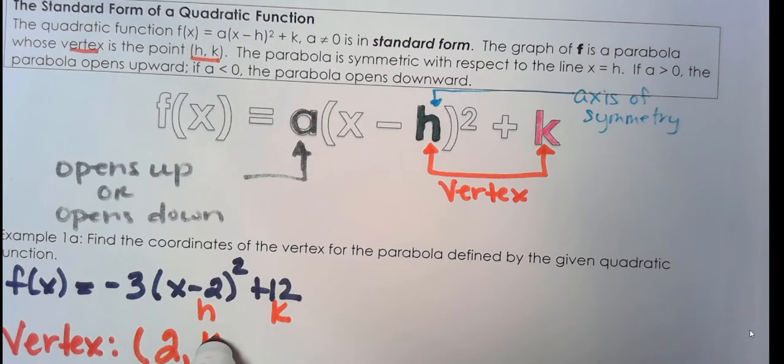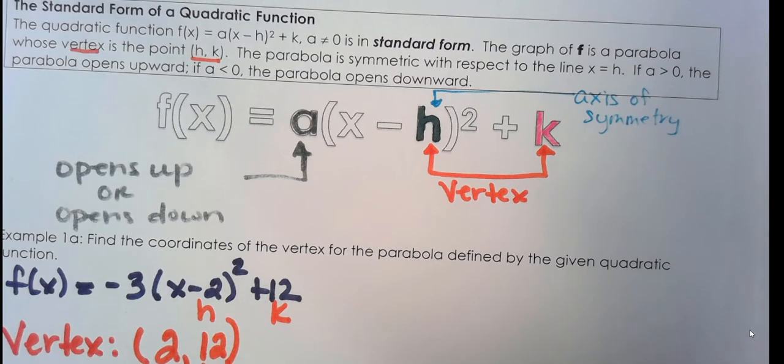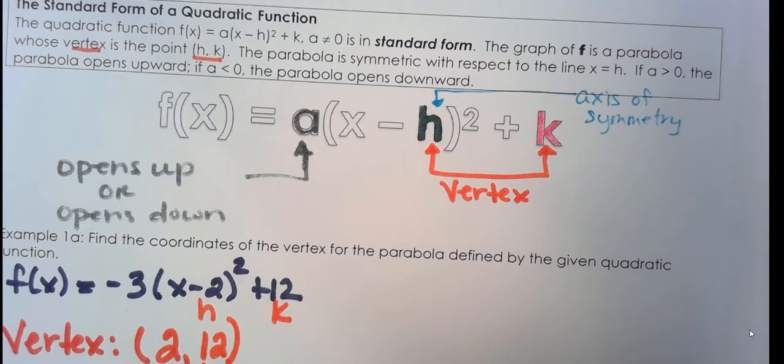And then our k, since it's outside the parenthesis, we're going to keep as is, whether it's positive or negative. So we have +12. So this is our vertex. Now, even though the question doesn't ask you the other information, I want you to be able to prepare yourself as we do a complete example with everything, how to find the axis of symmetry and how to determine if this parabola opens up or down.